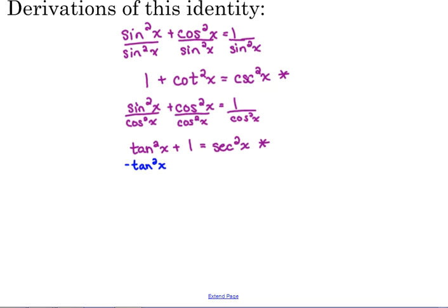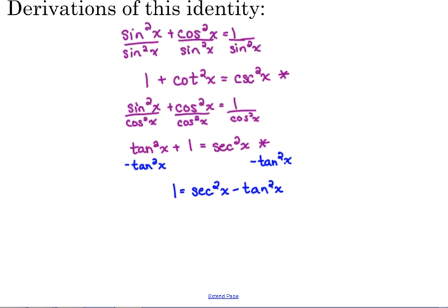So if we move the tangent squared over, we're going to subtract tangent squared from both sides. So we could have that equation: 1 is equal to secant squared of x minus tangent squared of x. That's another version of it.